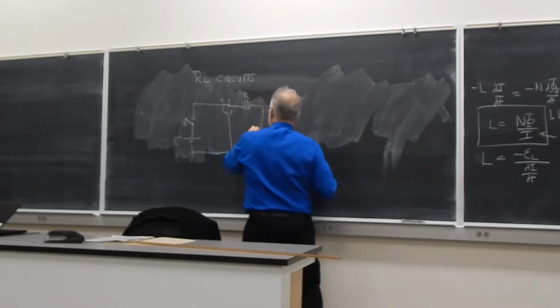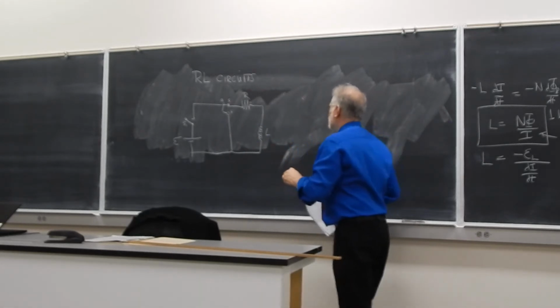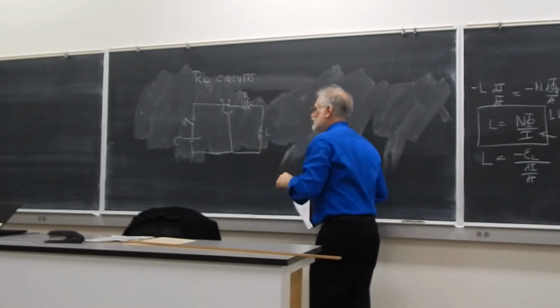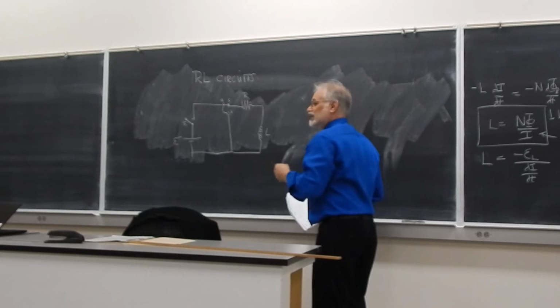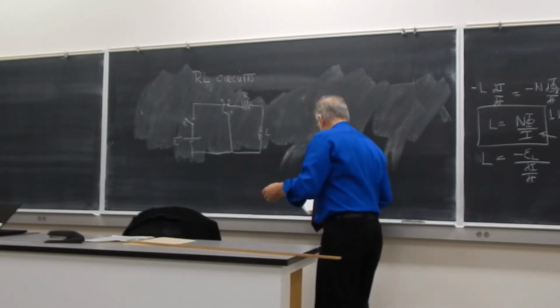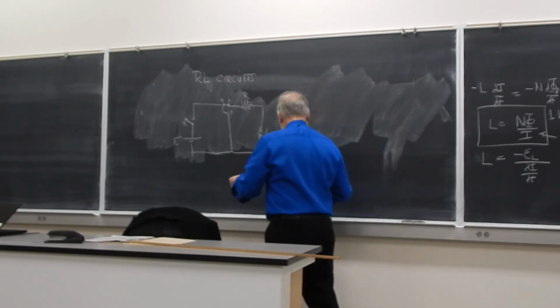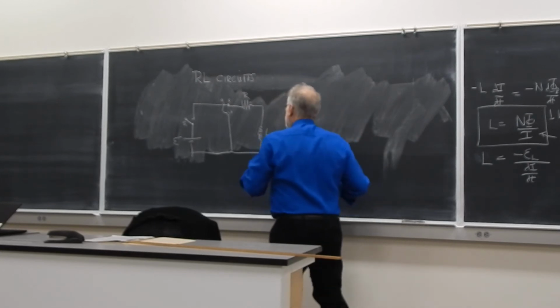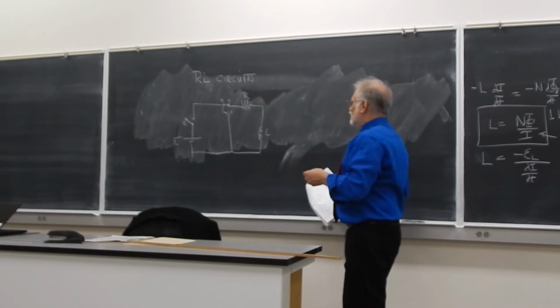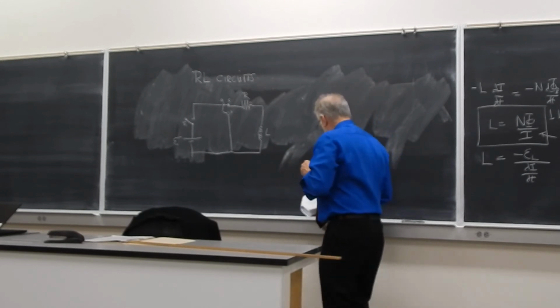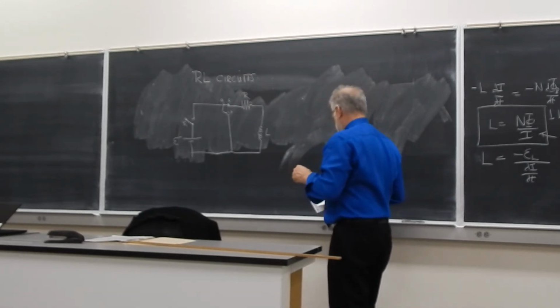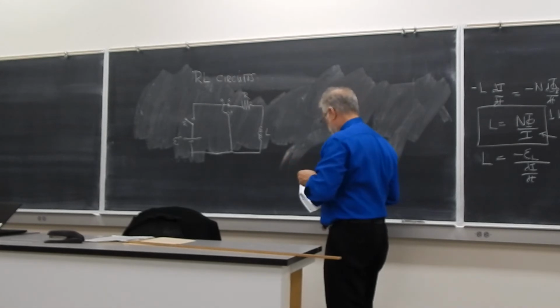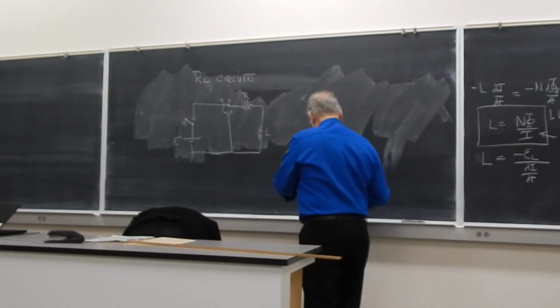If I have a solenoid or a coil in my circuit, that solenoid is going to prevent the current in the circuit from reaching its full value immediately. It will take some time to reach its full value. And so in other words, my circuit is going to be sluggish with regard to voltage changes, like when I engage the battery. So we call it an RL circuit.